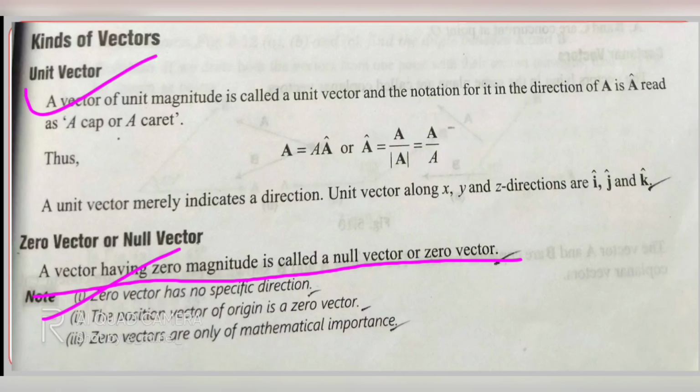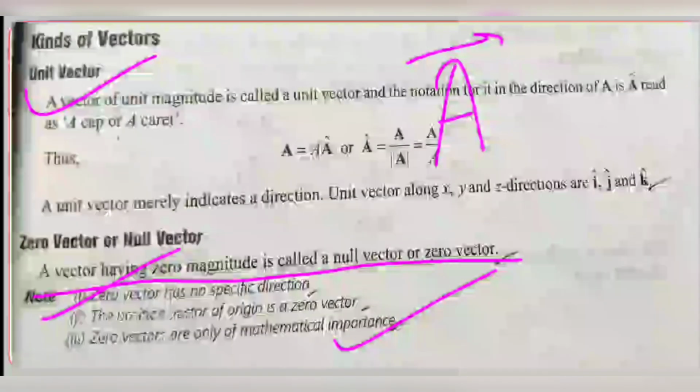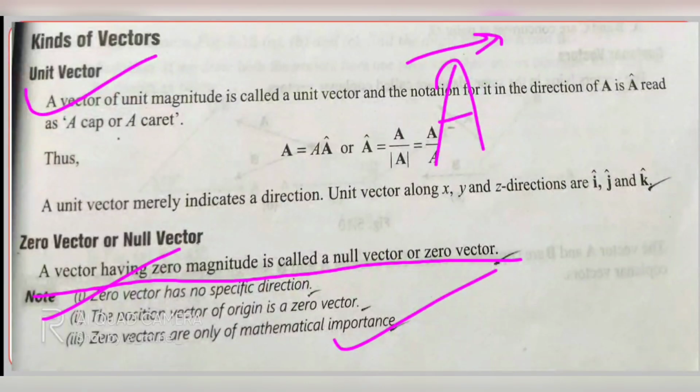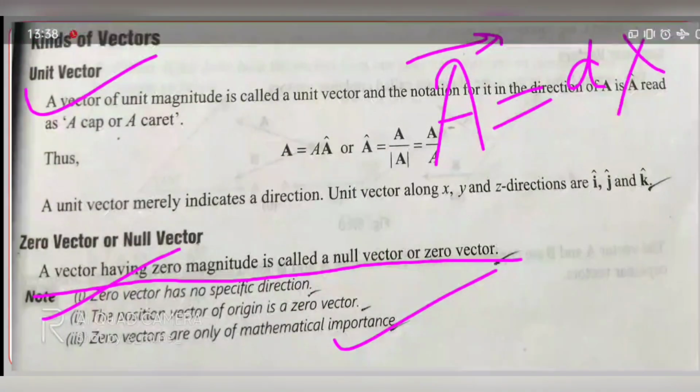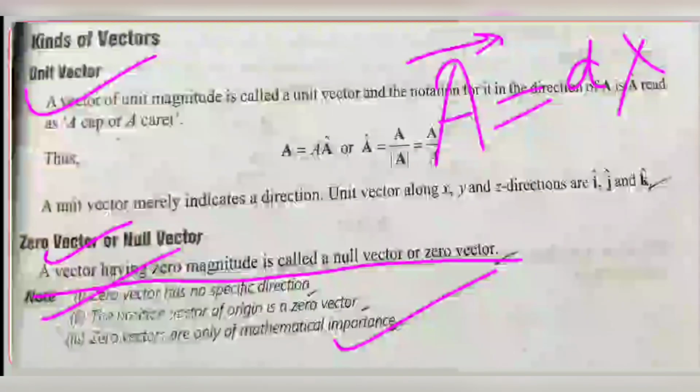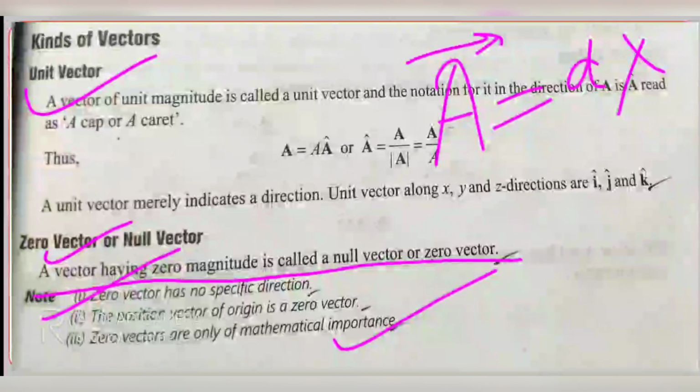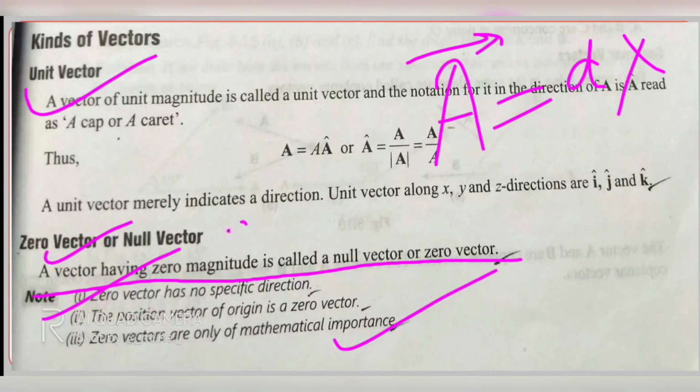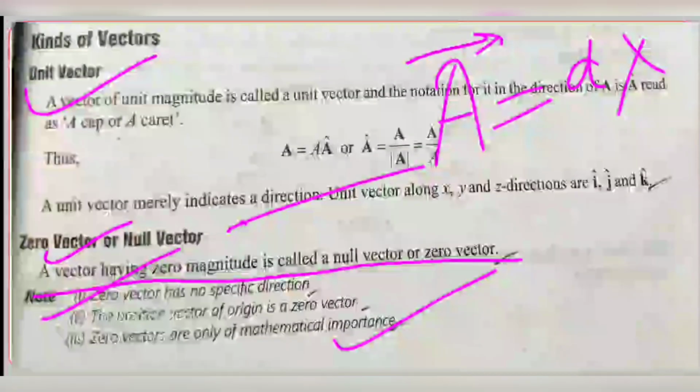If I give a vector A and don't give its direction, then this is a 0 vector. And a position vector always starts from 0, so it's a 0 vector or a null vector.